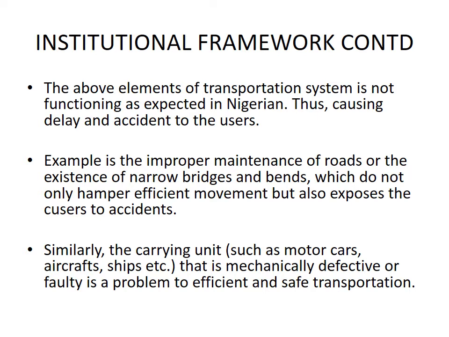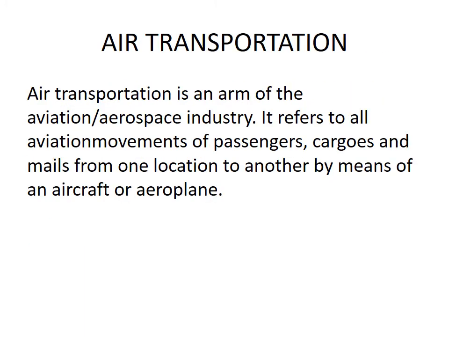The existence of narrow bridges and bends does not only hamper efficient movement but also exposes users to accidents. Similarly, carrying units such as the motor car, the aircraft and the ship that are mechanically defective or faulty are also problems to efficient and safe transportation.